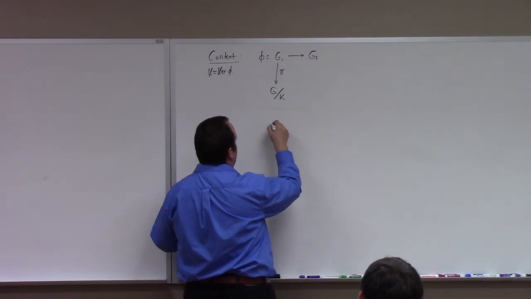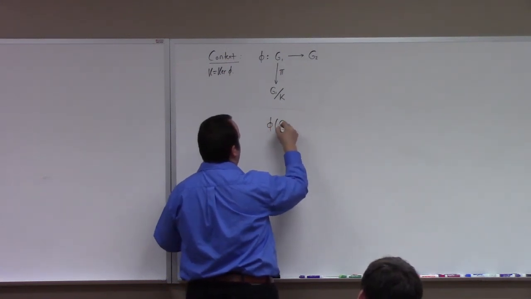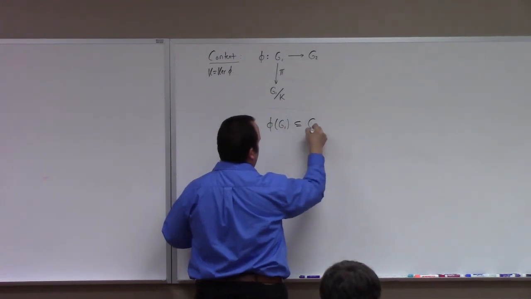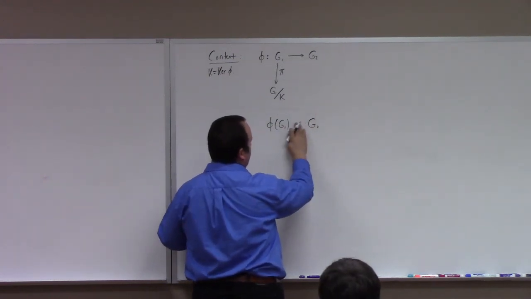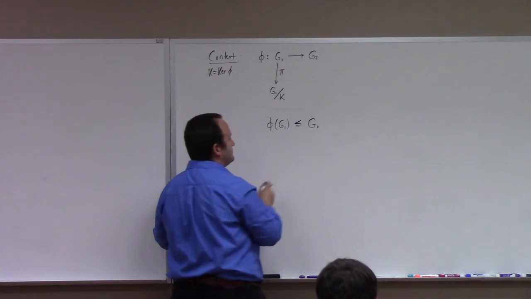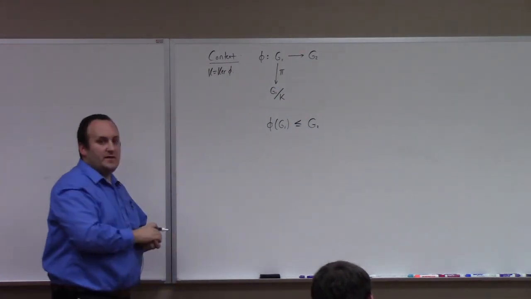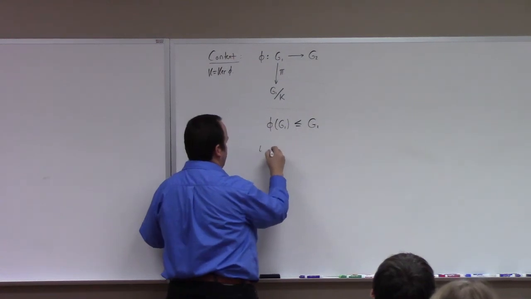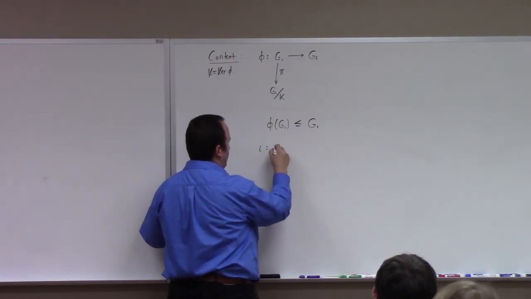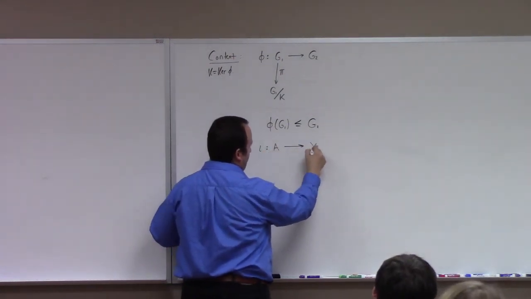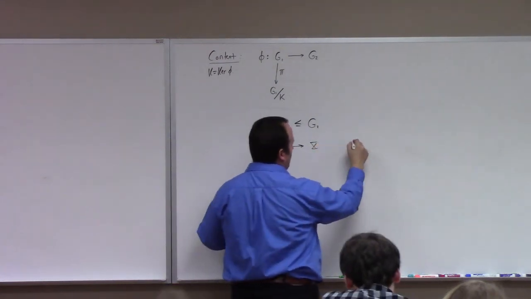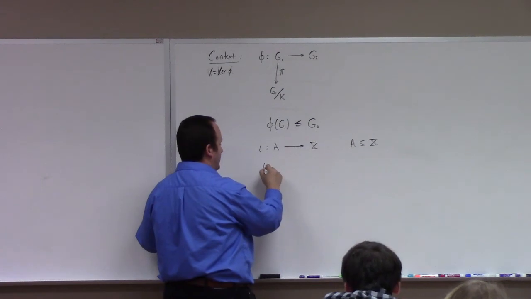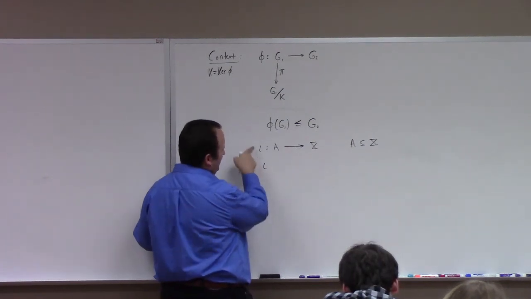I can say this much: the image of G1 is like a subset of G2, right? Generally speaking. In fact, it's a subgroup for what it's worth. There's something called the inclusion map. So like this, iota maps from, say, A to X, where A is a subset of X. Usually there's no dot on the top.